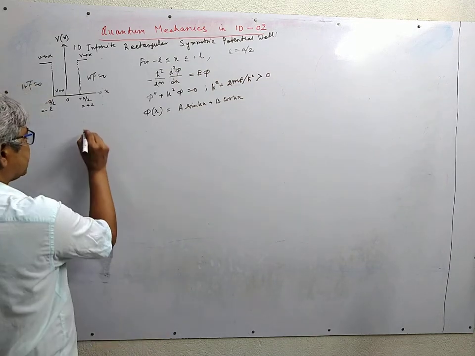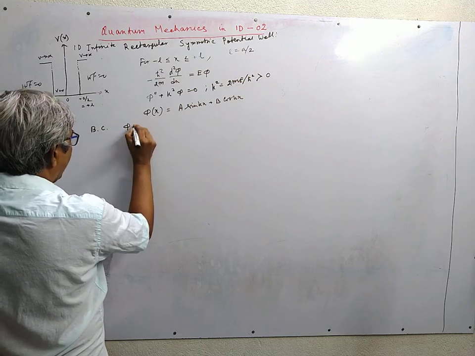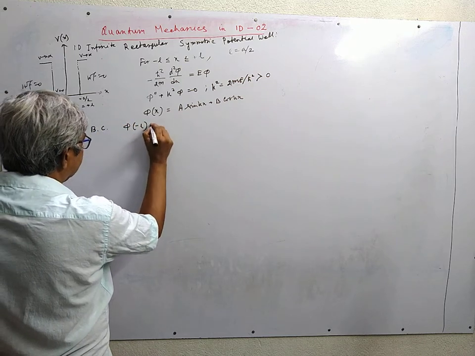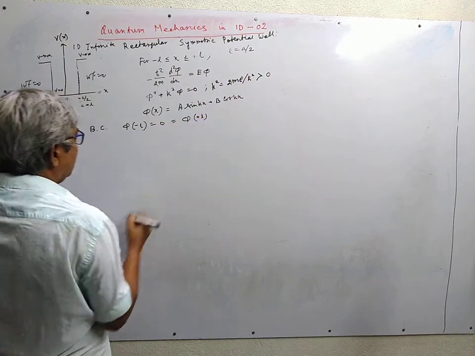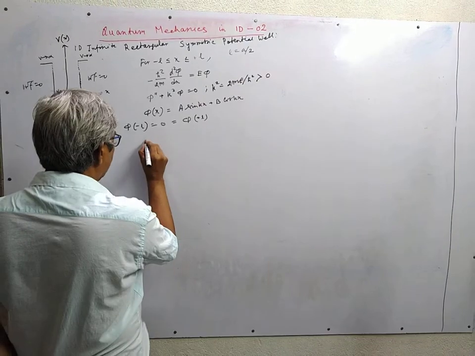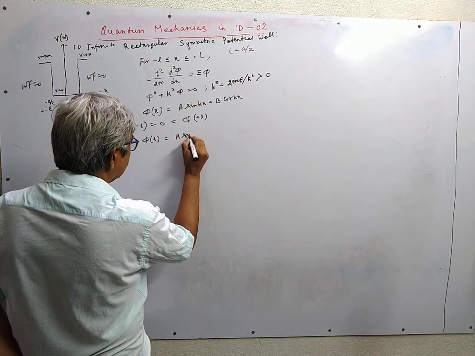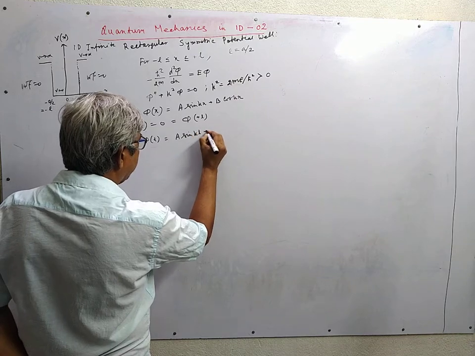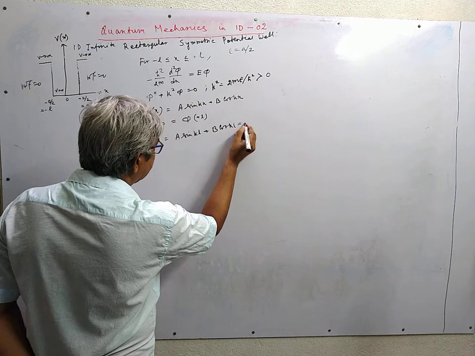Now the boundary condition is phi at minus L is equal to 0 is equal to phi at plus L. If we apply this condition, we have phi at L is equal to A sine KL plus B cos KL is equal to 0.